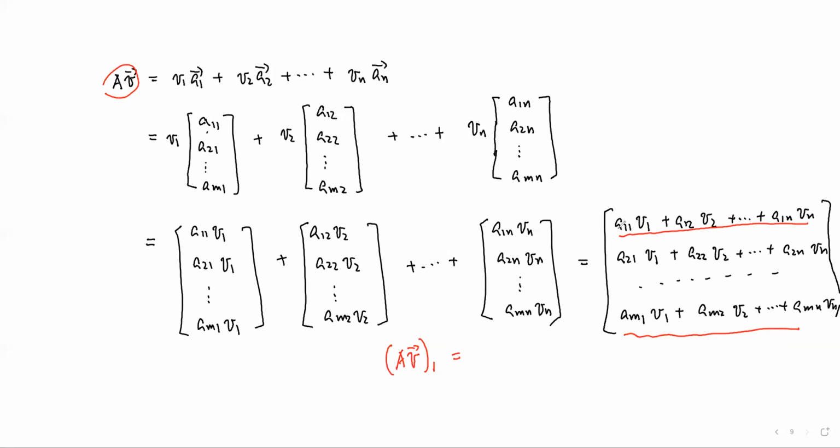The product of A11, A12, A1n, the entries from the first row, times V1, V2, Vn, the entries from the vector. So actually, the first entry is row 1 of A times vector V. Row 1 in detail of A, A11, A12, A1n, times vector V, V1, V2, Vn.